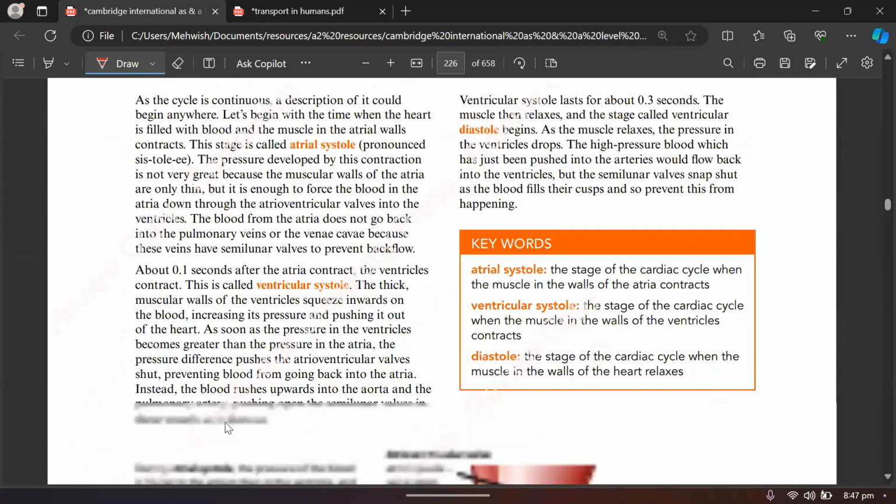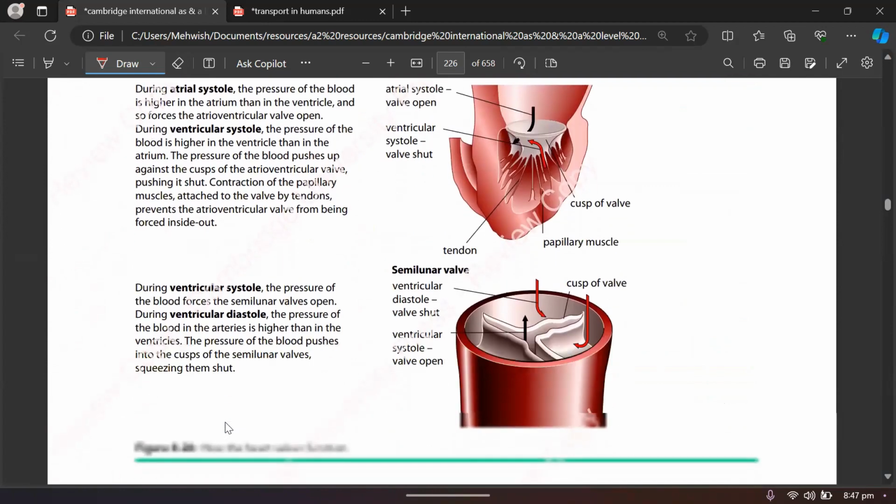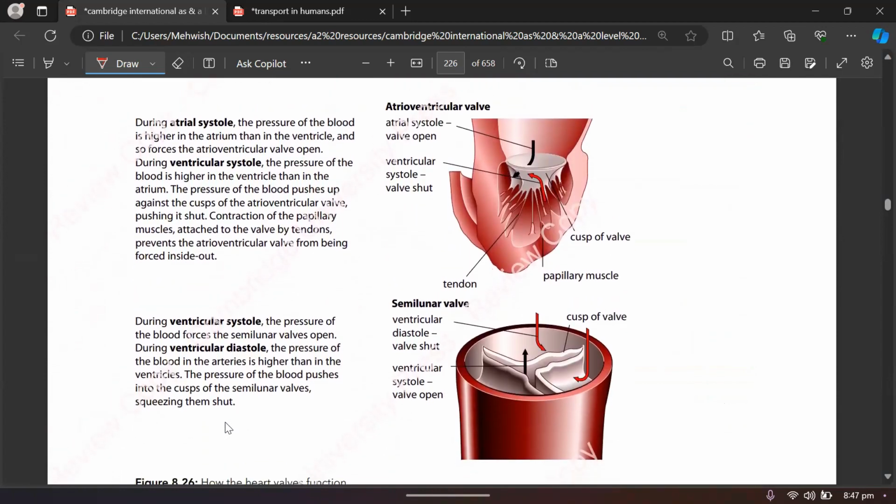Now, let's have a look at how the valves open and close. During the atrial systole, the pressure comes from the atria and pushes the blood downwards towards the ventricles, and due to this, these cup-like structures, called valves, open and the blood comes into the ventricles.